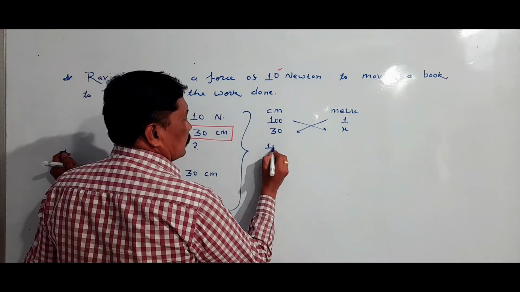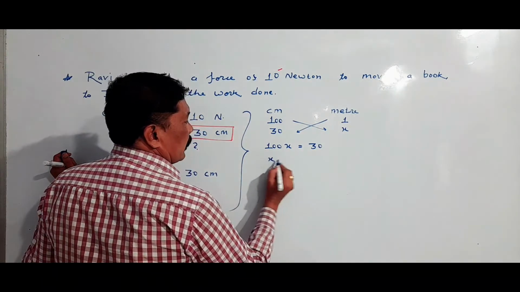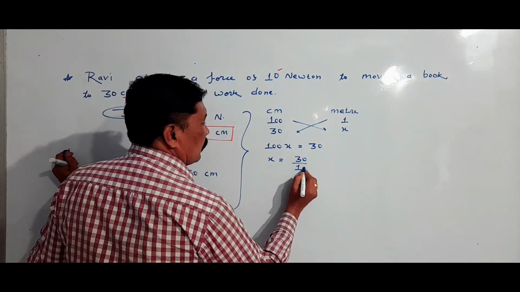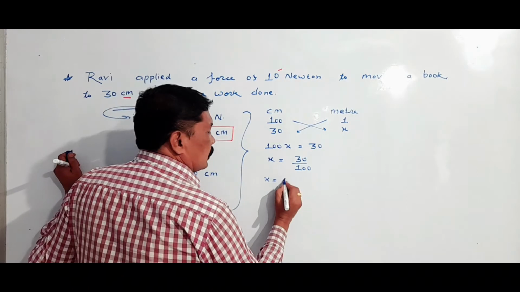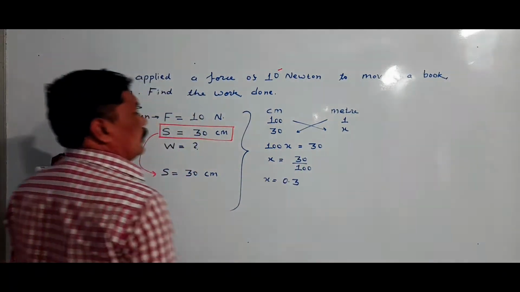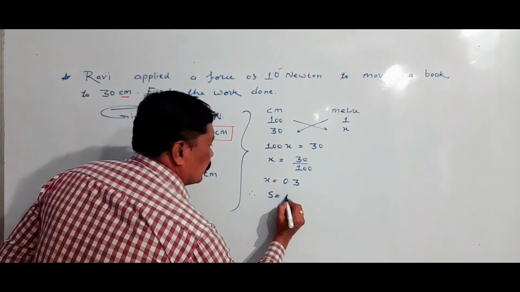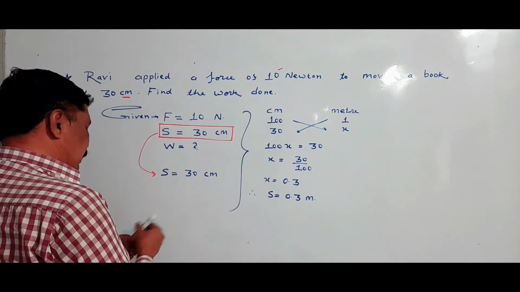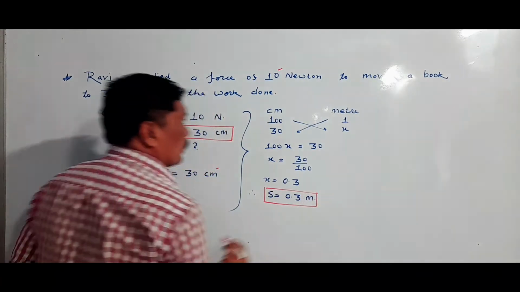Cross multiplication. 100x is equal to 30. X is equal to 30 upon 100. X is equal to 0.3. Therefore, S is equal to 0.3 meter. We have converted centimeter into meter.